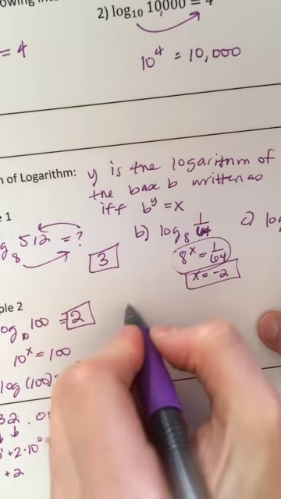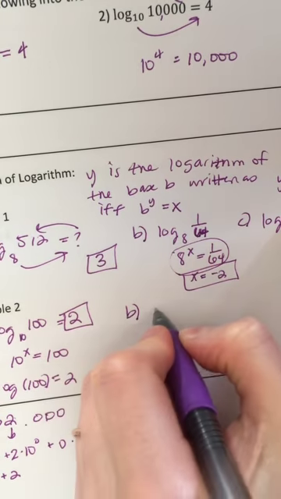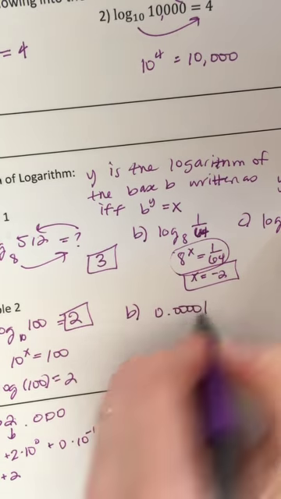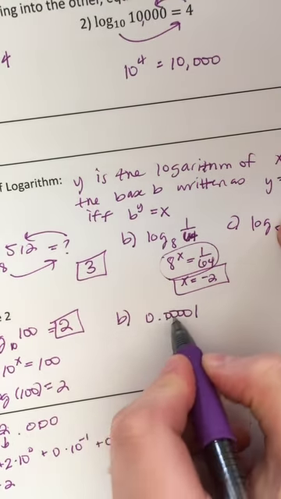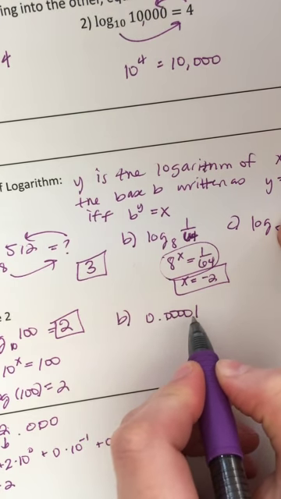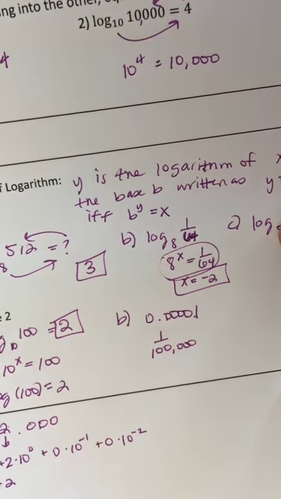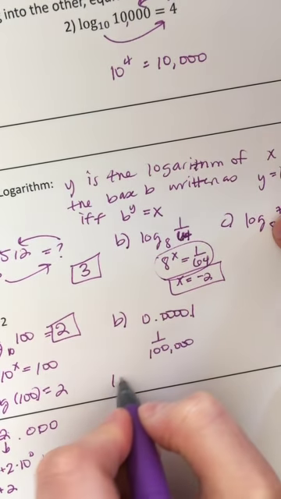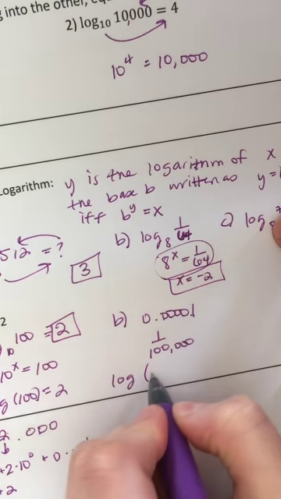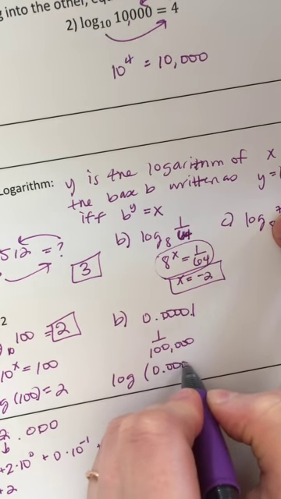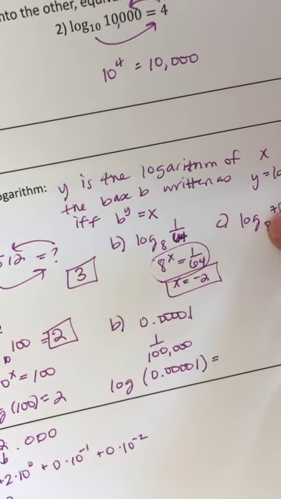All right, so then part B is 0.00001. So this is tenths, hundredths, thousandths, 10,000ths, 100,000ths. So this is 1/100,000th. So I want to know the log base 10 of this number equals what?